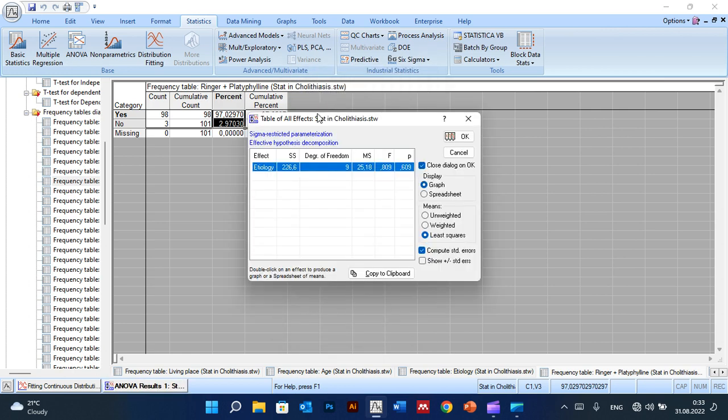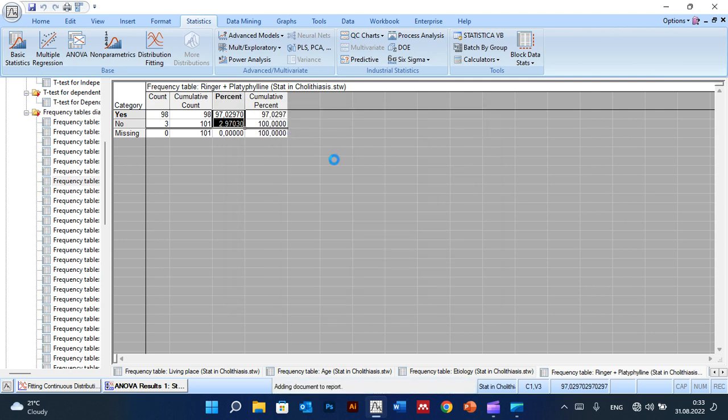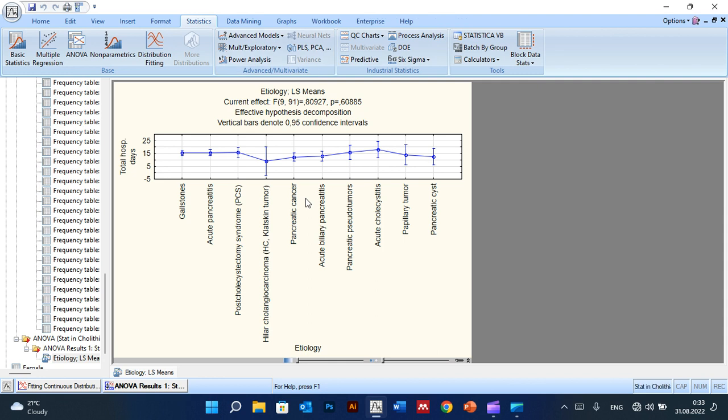Next, all effects graphic. I want to see it on the graphic. Next, OK. We will wait for the graph. The program will make the graphics for us automatically. So we can see that mostly the acute cholecystitis, which is statistically not significant actually, but by naked eye we can see the chart shape.